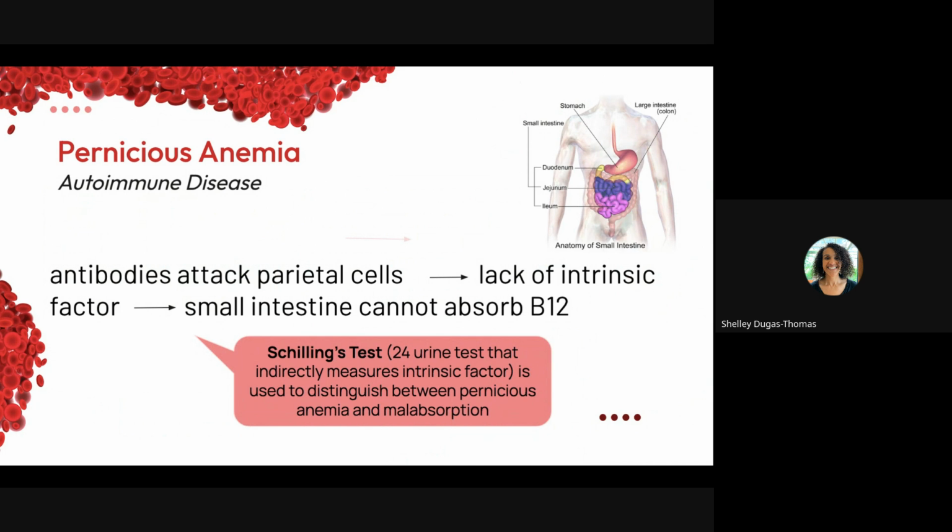Pernicious anemia is an autoimmune disease that leads to a vitamin B12 deficiency because of the body's inability to absorb vitamin B12 without intrinsic factor. Usually to distinguish, a Schilling's test is done. This is a 24-hour urine test that indirectly measures intrinsic factor and is used to distinguish between pernicious anemia and malabsorption.